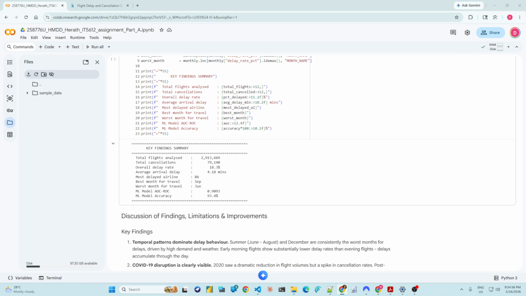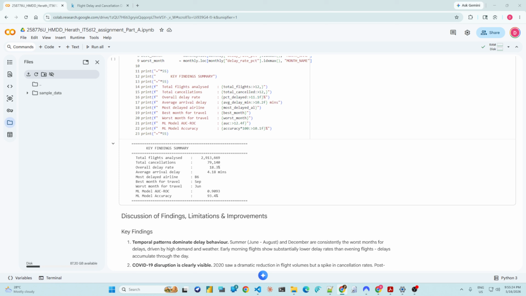And the random forest model achieves strong predictive performance, with departure delay being the single most important feature. In terms of limitations, this notebook uses a 3 million row sample rather than the full 29 million row data set, and Colab simulates Spark locally on a single node rather than through a distributed cluster.